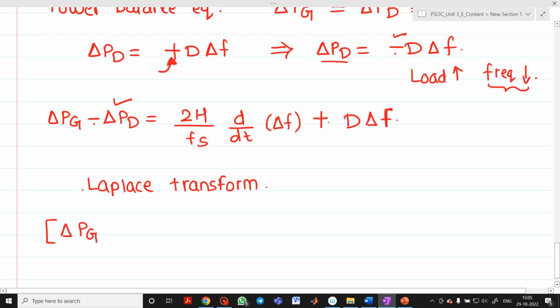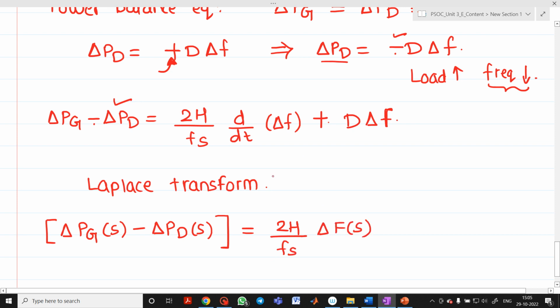ΔPg of S minus ΔPD of S equal to this 2H upon Fs constant, ΔF of S, and this is a derivative. So we know that the Laplace transform of a derivative is S into that function. So into S plus D into ΔF of S. So we got this equation by using the Laplace transform.